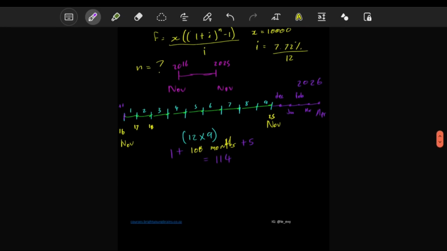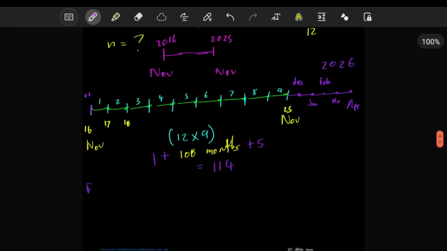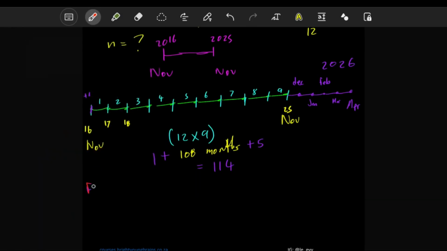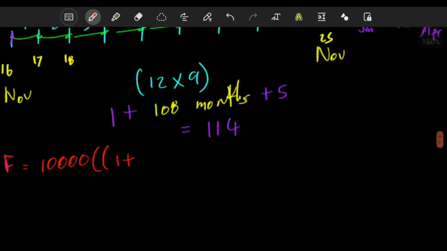So here, our value of F, maybe I'll color code it red, is just 10,000. And then 1 plus i, we said it was 7.72%. Make sure you put the percentage symbol in your calculator as well.